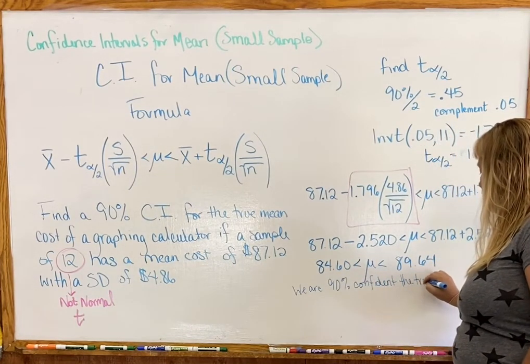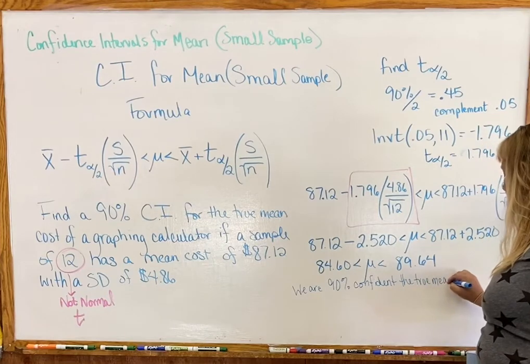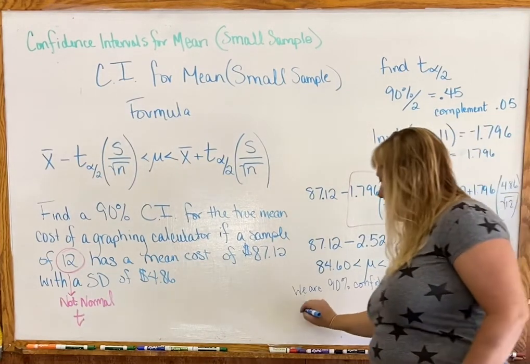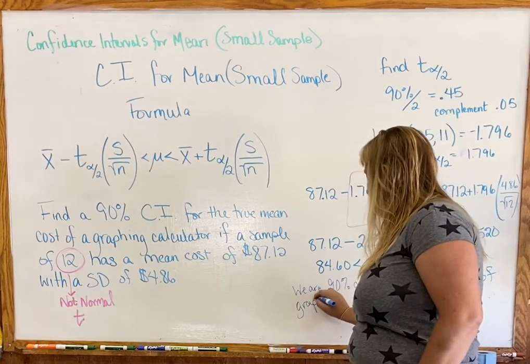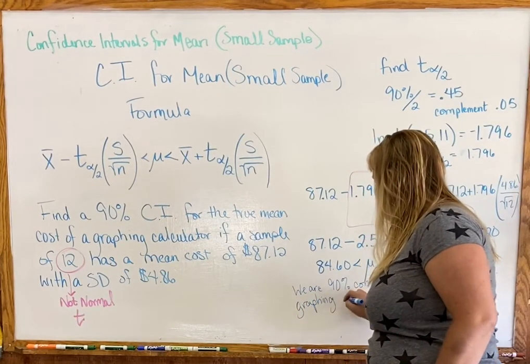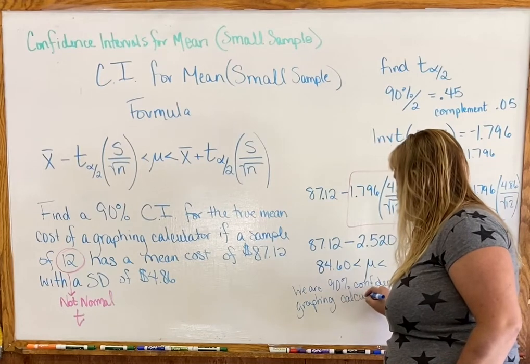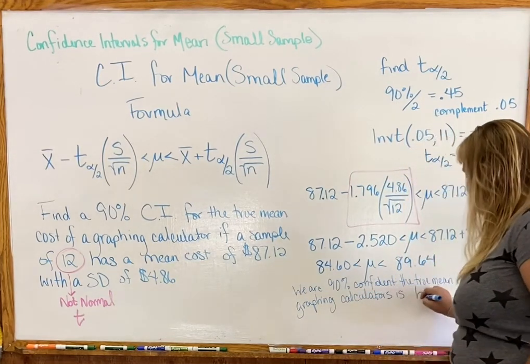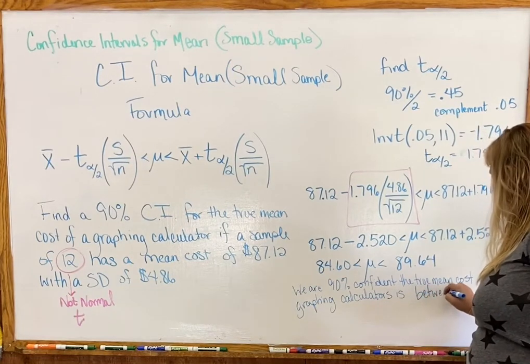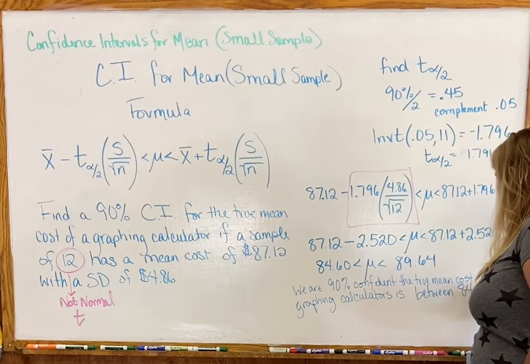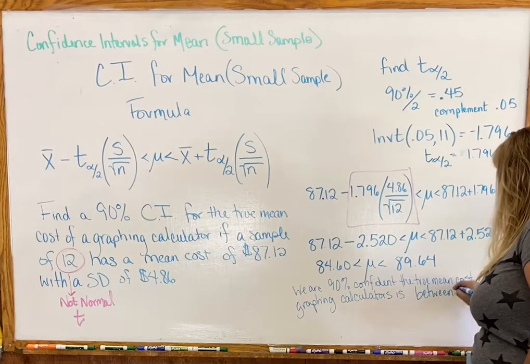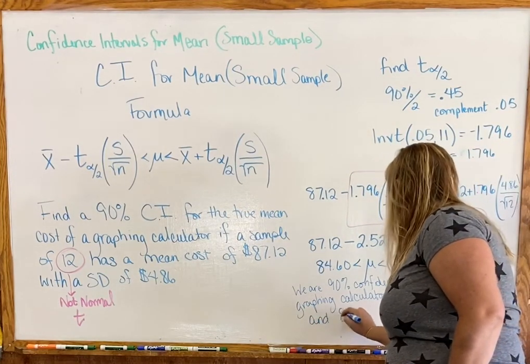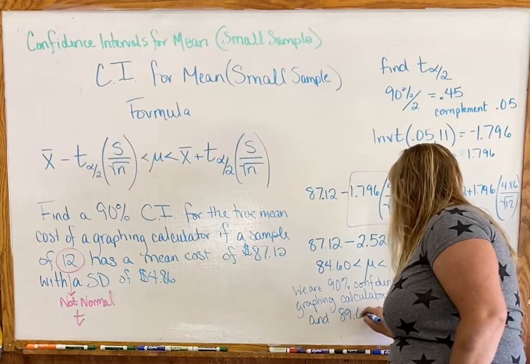The true mean cost of graphing calculators is between $84.60 and $89.64.